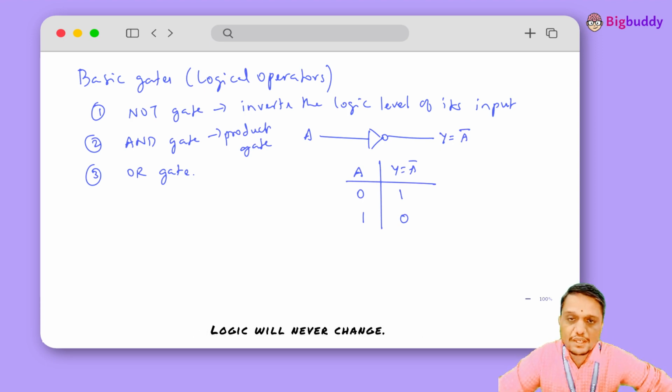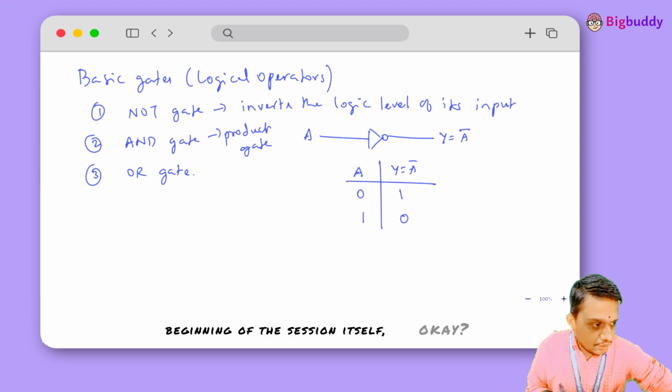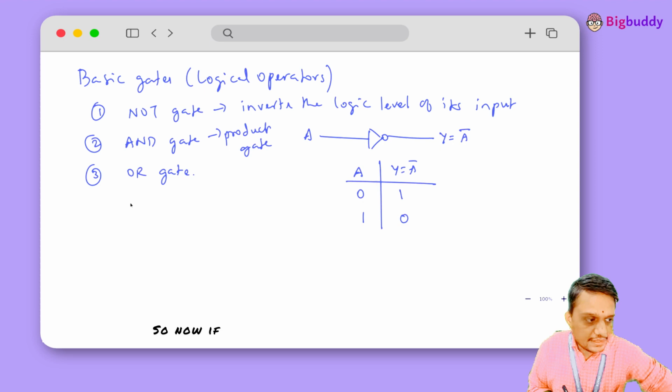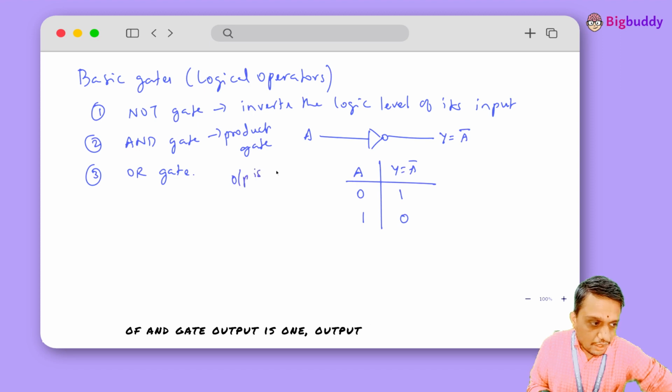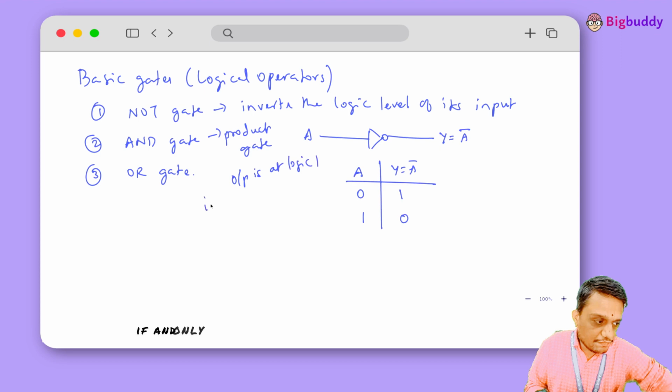Logic will never change, as I told you at the beginning of the session. So in case of the AND gate, output is at logic 1 if and only if all the inputs are at logic 1.